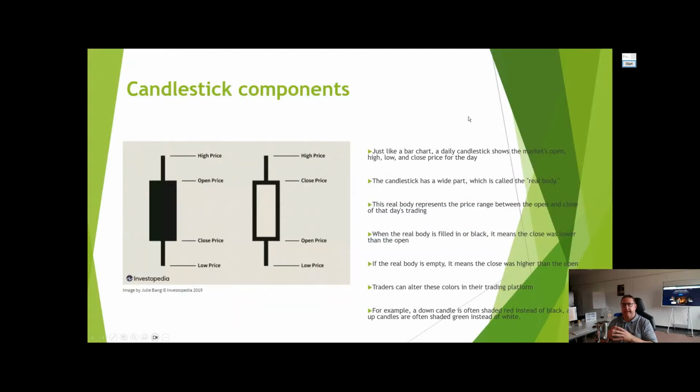So let's make a clarification. The candlestick has a white part, which is called the real body. It could have the color black or green or white or red, whatever there is. And this real body represents the price range between the open and the close of the time period you are looking at. It's your decision. Could be 5 minutes, 1 hour chart, 1 minute, it doesn't matter.